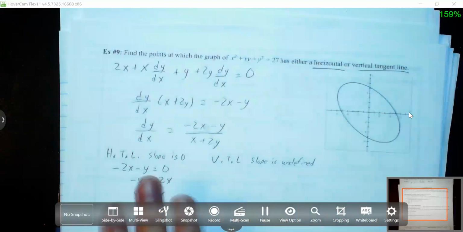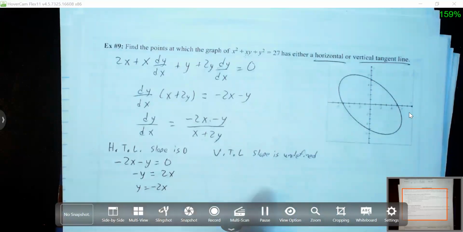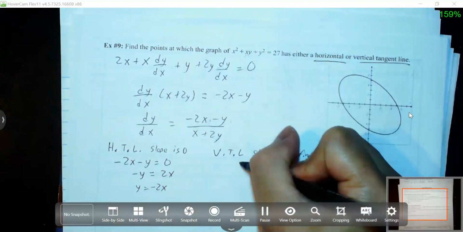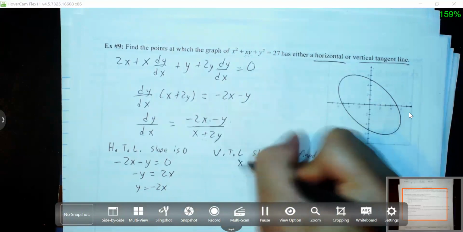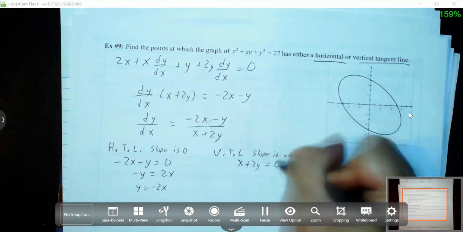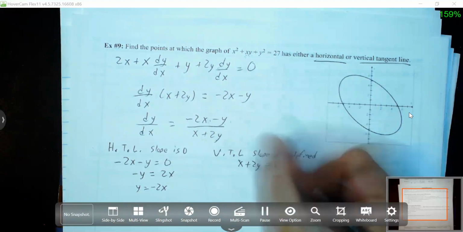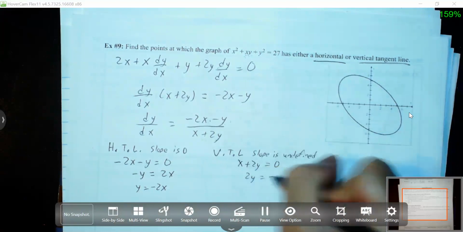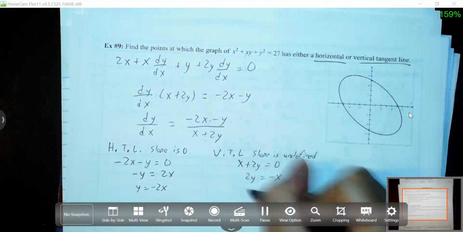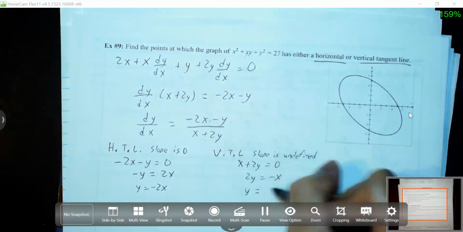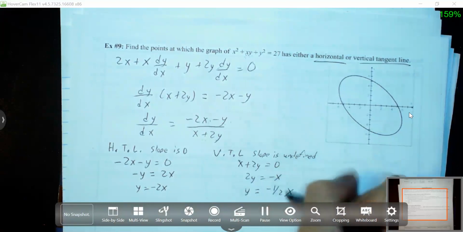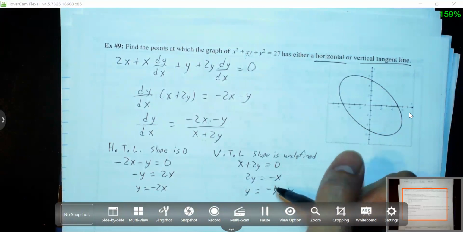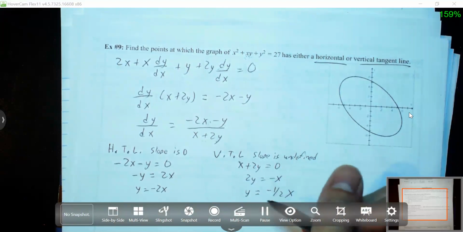Okay, let's just leave that here for now and let's move on to the vertical tangent line. So I need to make the bottom equal to 0. So I move the x to the other side, divide both sides by 2, and I get y is equal to negative 1/2 x.